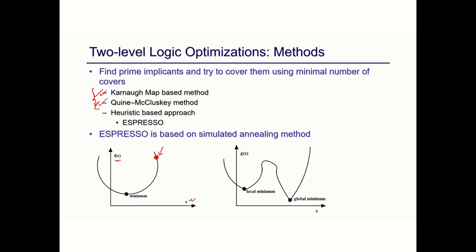Here, how are we changing the parameters? We try to cover the maximum number of on states, and we check whether we are going in the right direction or not, whether our cost parameter or function, the fitness of this equation, is getting reduced or not.